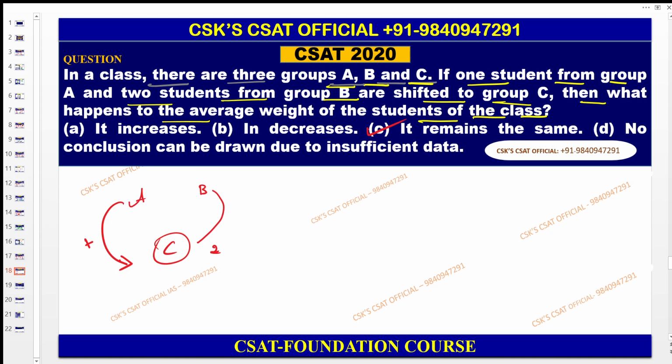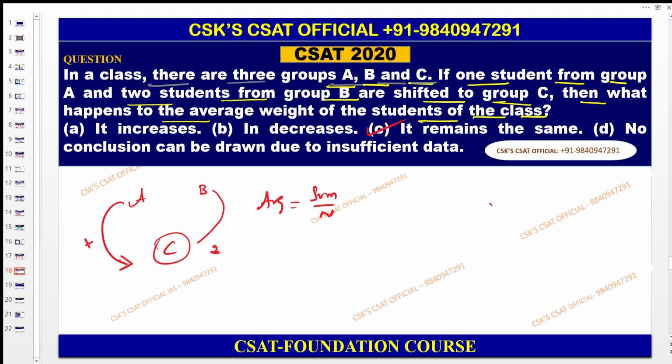In such a situation, the total weight of the class is going to remain the same. The number of students also remains the same. You know the very basic concept, average is equal to sum by n. So automatically the number of students is also the same. Even if you shuffle the students among the groups, it won't affect the average of that class. Everyone understood? Average weight of the class, it won't affect.